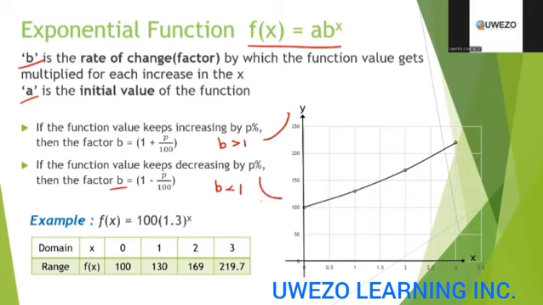For example, if we have f of x equals 100 times 1.3 to the power x, the 0.3 represents that there is a 30% change in the value of the function for every increase in x. And the b value is 1.3, which is greater than 1. So it is an exponential increase.